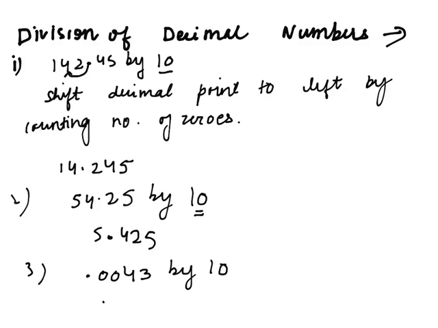We shift the decimal point one place towards left, and on the left we don't have any digits, so we place 0 over here. So our final answer will be 0.00043.